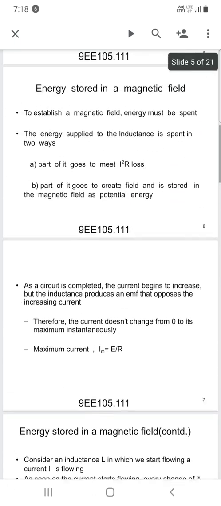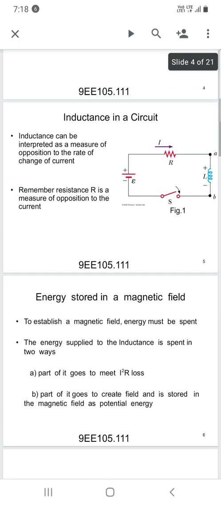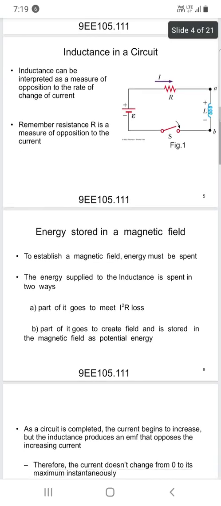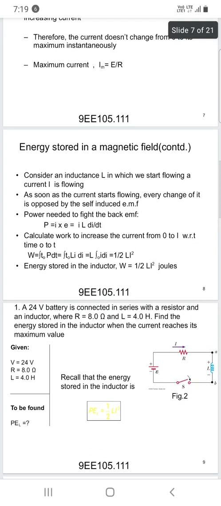That means when switch S is closed, an EMF is induced in this inductor, and that EMF opposes the flow of electric current. Consider inductance L in which current starts flowing.